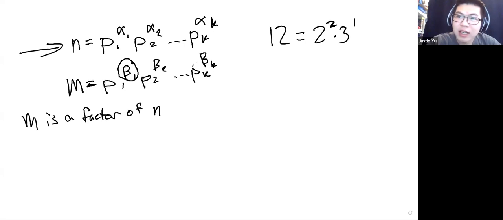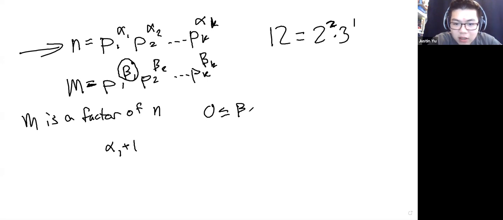m's counts should not actually matter. The number of ways to choose this is actually alpha 1 plus 1. Not beta. And the reason is because m definitely cannot have more primes than n. So because this is alpha 1, we can pick this in alpha 1 plus 1 ways.